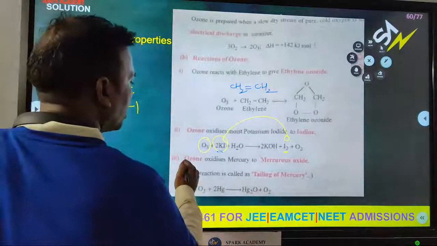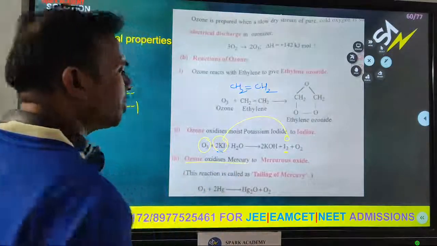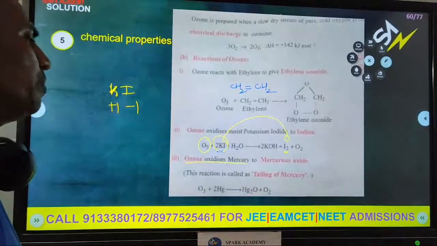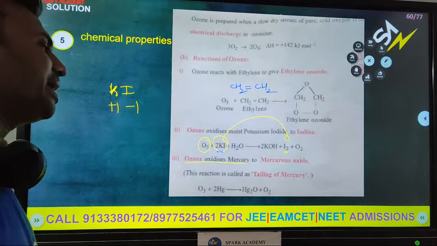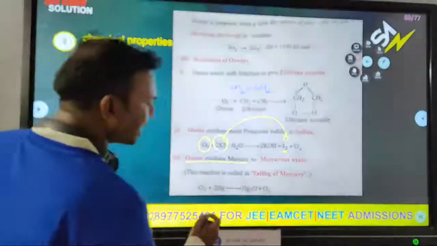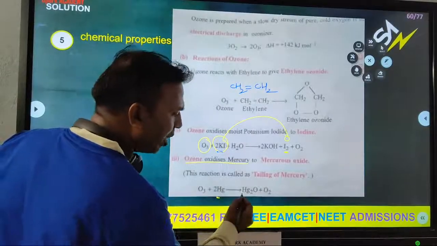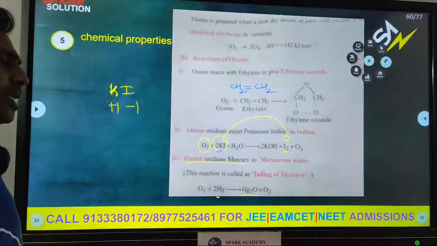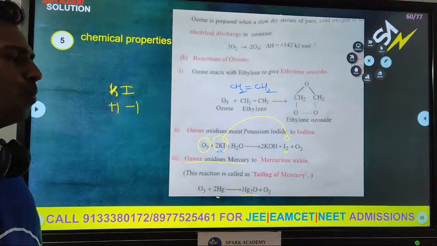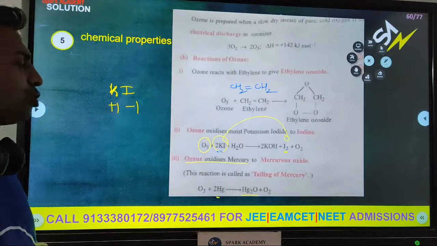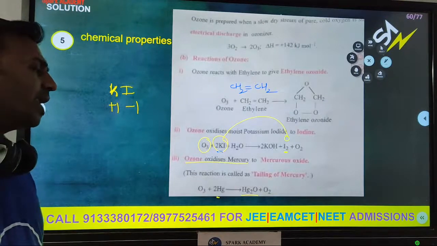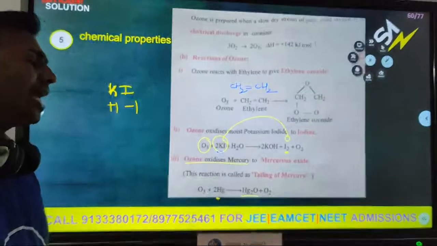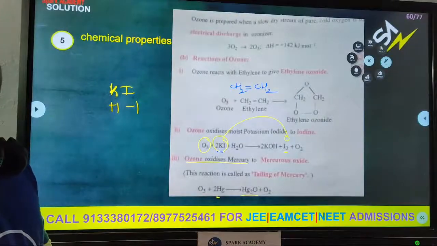Ozone oxidizes mercury also. How? Mercury is a liquid metal. When O3 reacts with mercury, it forms mercurous oxide. What is the formula? Hg2O plus O2. Mercury before reaction has movement because it is present in liquid state.